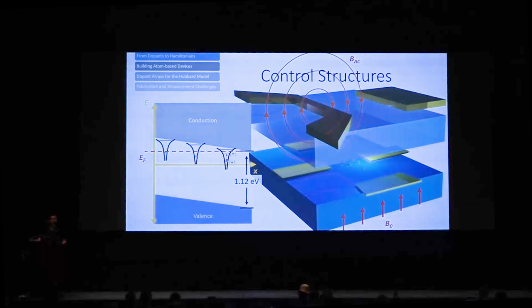Now we can also imagine having a two-level system where we can even perhaps coherently manipulate the electrons from spin up to spin down, or even the nuclear spins. We work with phosphorus atoms, and so they have a nuclear spin that can also potentially get manipulated.